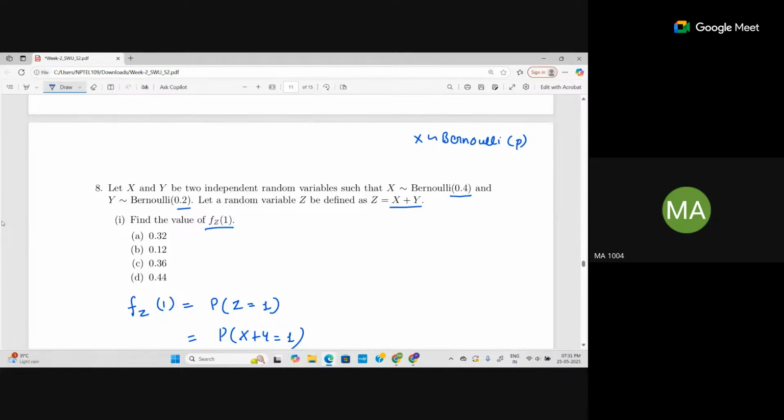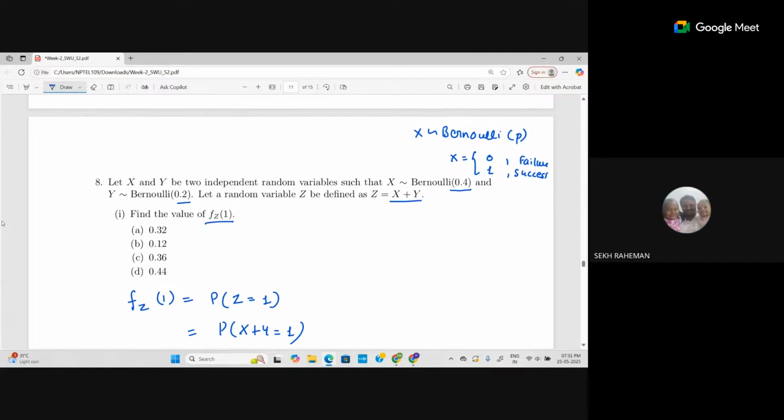X takes two values, 0 and 1. 1 is success and 0 is failure. So X is 0 means you take the probability of failure, which will be 1 minus P. And X is 1 means success, so it will be P only. Okay, madam. Thank you.